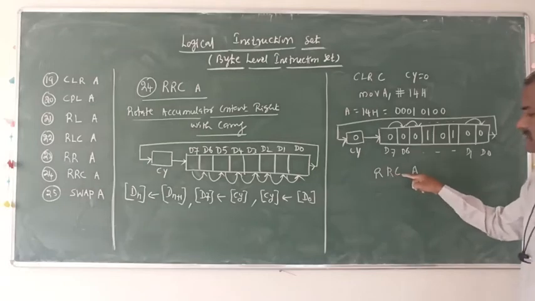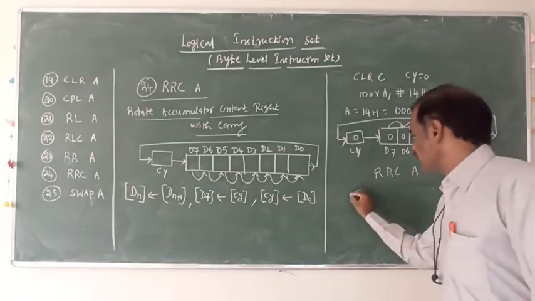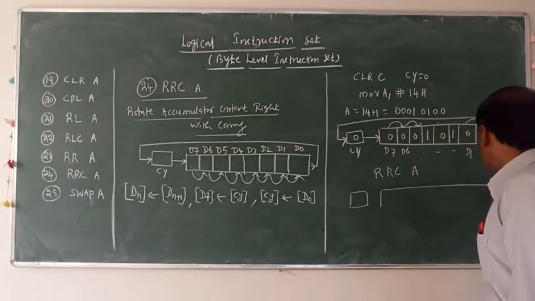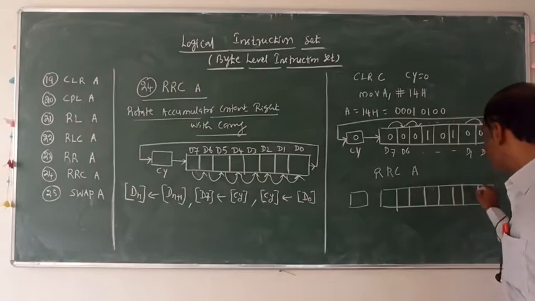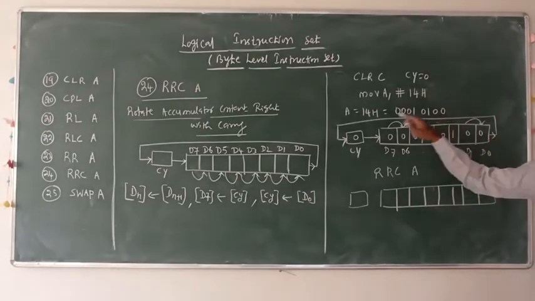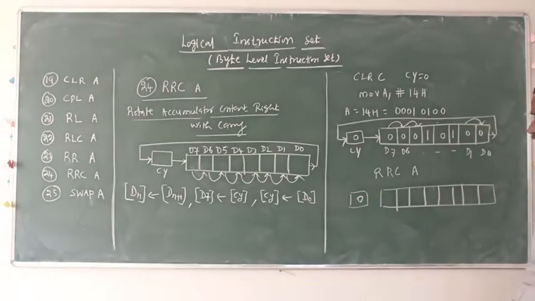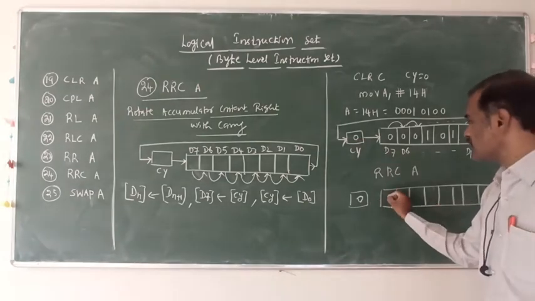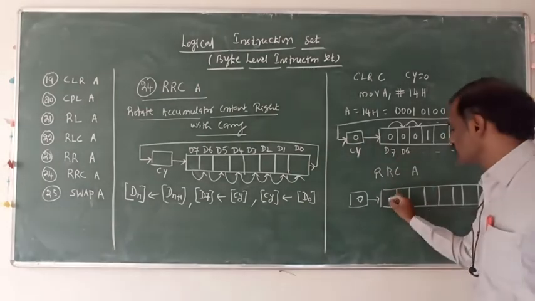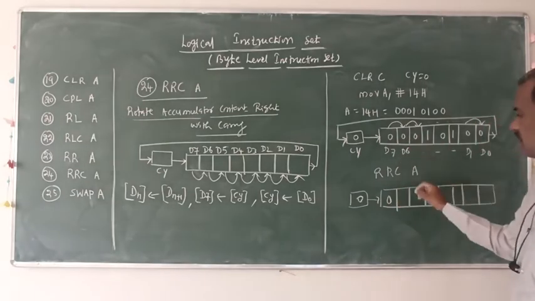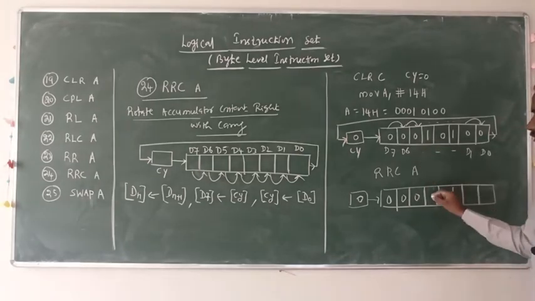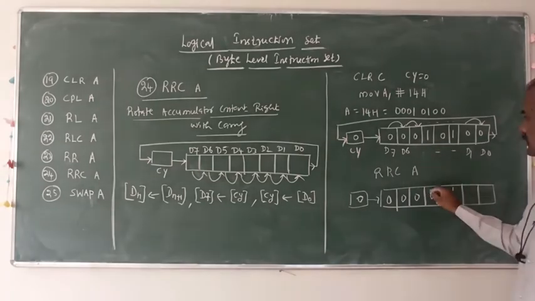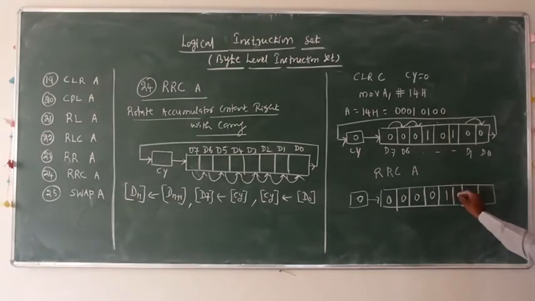After RRCA, now the resultant. Now the D0 bit data moves to carry, now the carry 0 and carry data moves to D7, 0, and then D7 data moves to D6 and then D6 data to D5, D5 data to D4 and then 0, 1, 0.